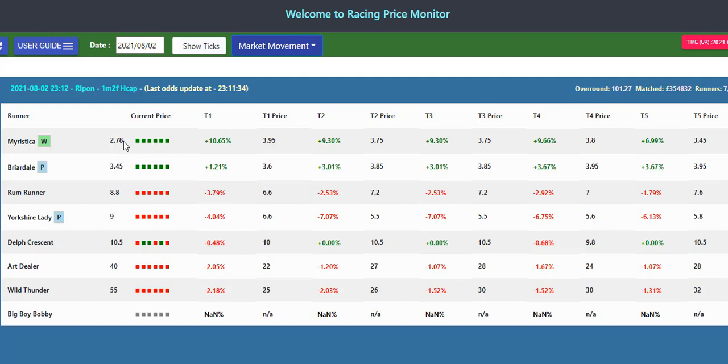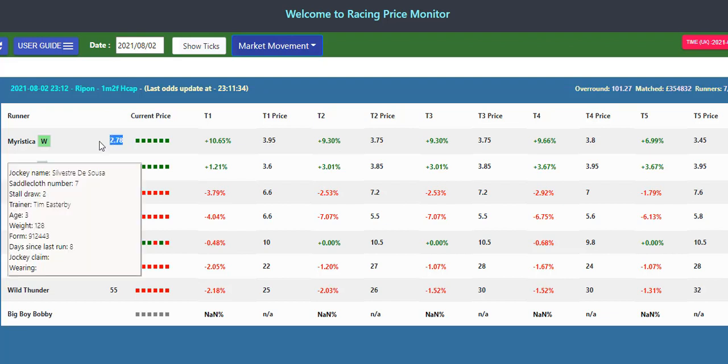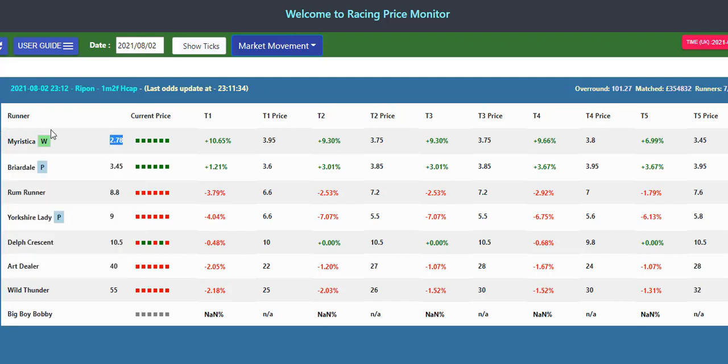So it was the off time, the scheduled off time, the price was 2.78. You can actually set it to run after the off if it's delayed, but we have it at the off time. So we can see there that the winner there was indeed a market mover. It doesn't always work that way, but now you can see the market movements in the blink of an eye.